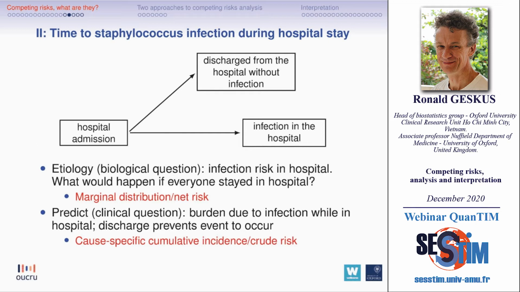So if you are discharged from the hospital without infection, you will never get infected in the hospital. So they are mutually exclusive events. So you could also say, the marginal distribution describes a more hypothetical example, hypothetical because it doesn't correspond to the data that we have, whereas the clinical question quantifies what we actually observe.